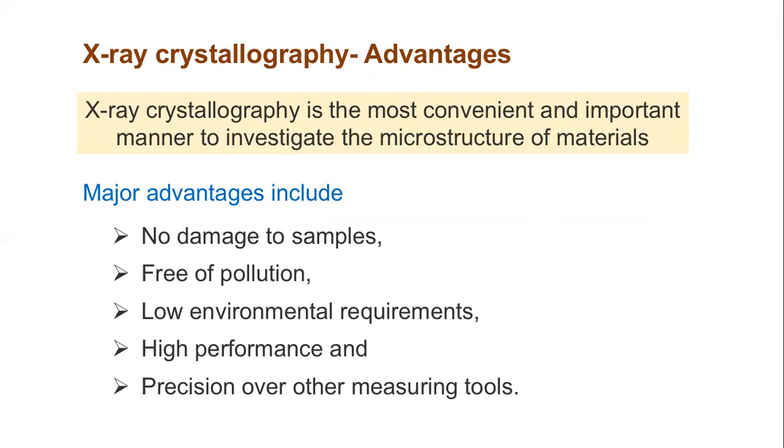The most important being that it helps us investigate the micromaterials as well as the macromaterials, and altogether it is a non-destructive mechanism which causes no damage to the samples since we are not using much of the harmful rays or chemicals. It is free of pollution, and it is low on environmental requirements. Then its high performance and precision over many of the other such mechanisms makes it a wonderful tool which can be relied upon.